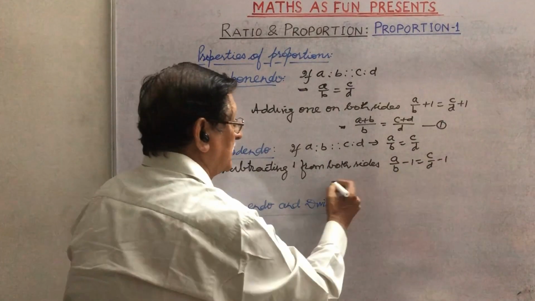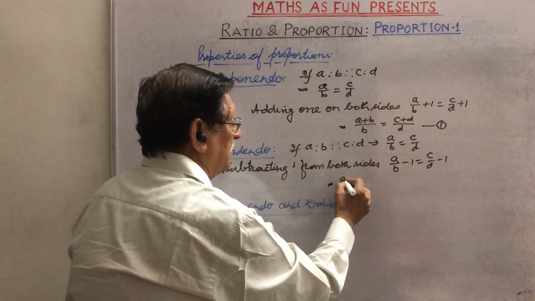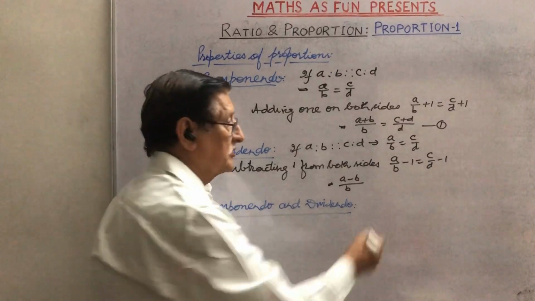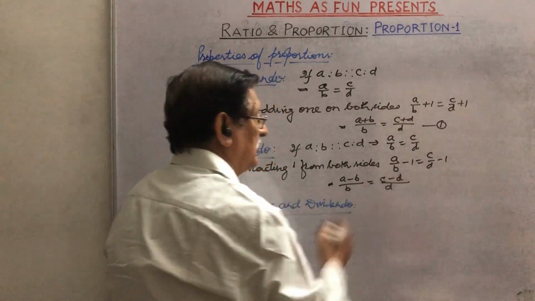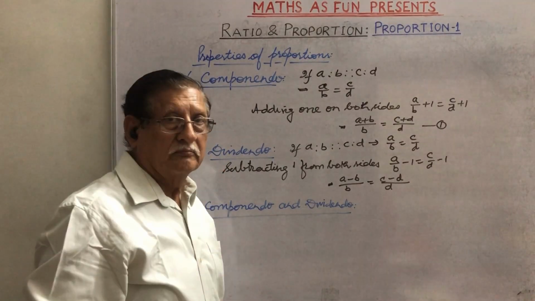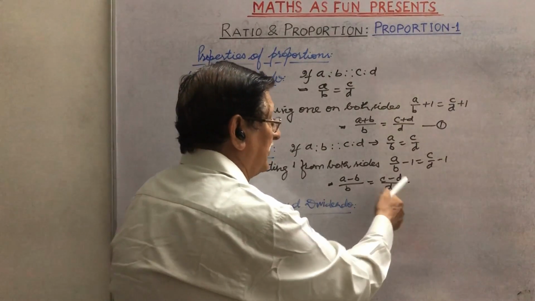If we take the LCM B on this side, will it be A minus B? And this side, D is the LCM, this will be C minus D. This is known as dividendo.